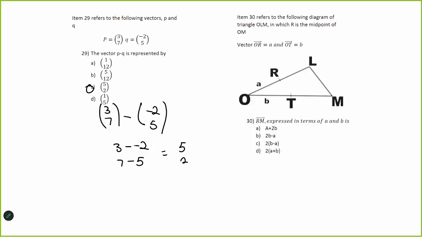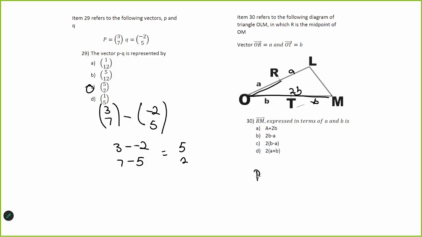Right? They want RM. So item 30 refers to the following diagram of triangle OLM in which R is the midpoint. If OR is A, then RL will also be A. And then say OT is B, so therefore TM will also be B. They want RM, so you're going from R to O, O to M. Now O to M will be 2 sets of B's.